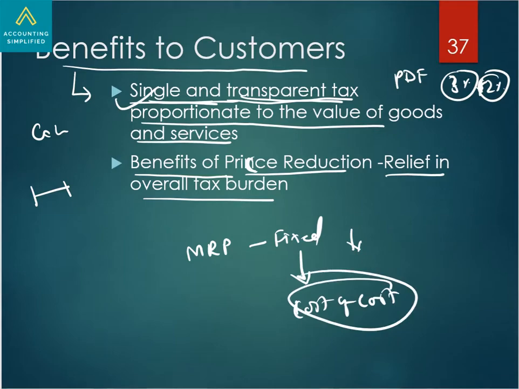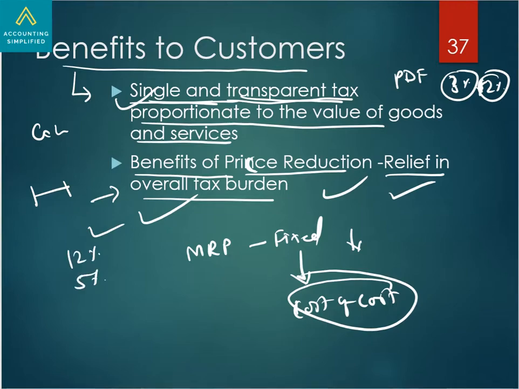So the benefit of reduction is not available. There is a lot of confusion and debate going on that GST has not been able to bring the price down, right? But we can write this as a benefit, because if the rate is 5%, earlier it was 12%.